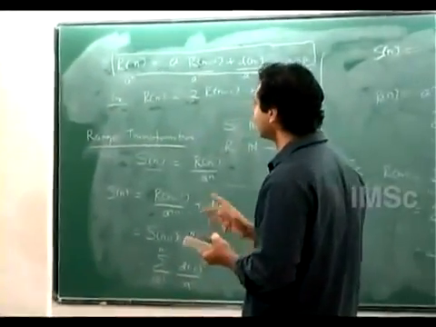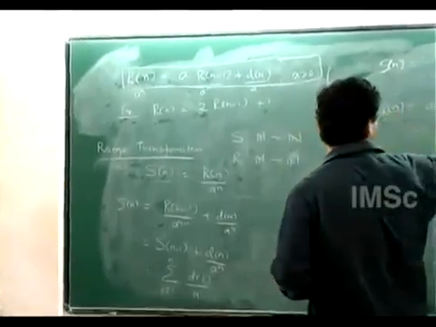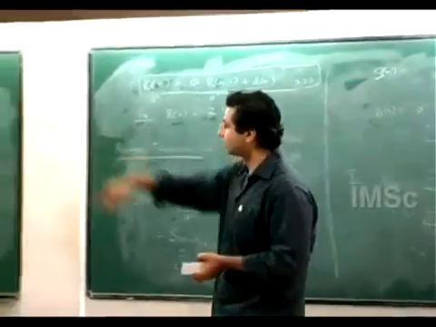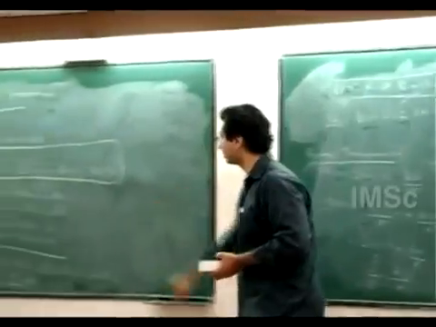So now let's see how to combine this range transformation and this domain transformation to reduce that general recurrence to this fundamental recurrence.